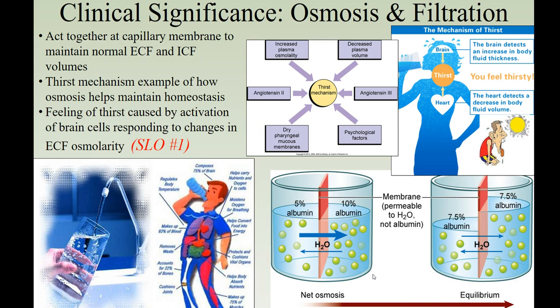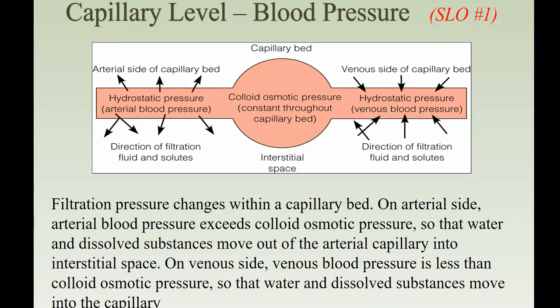Let me see what I have next so that I can decide what I want to do. Okay. Capillary level, blood pressure, and your capillary bed, and it just talks about the arterial side of the capillary bed and the direction of filtrate and fluid solutes and the interstitium. What is interstitium space? Yeah, it's in between. So it says filtration, pressure changes within the capillary bed.